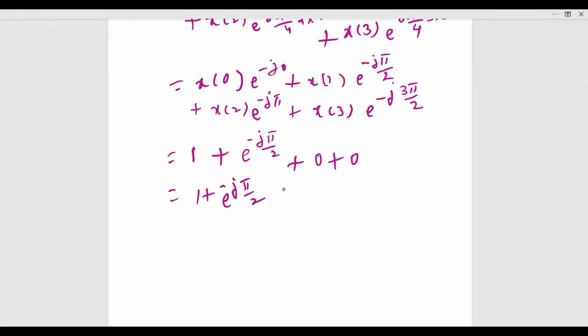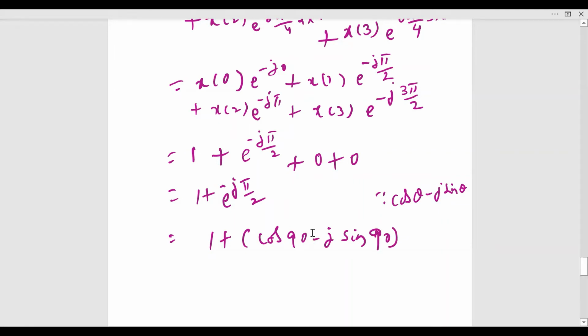So we can write it as 1 plus cos 90 minus j sin 90, for e power minus j pi by 2.